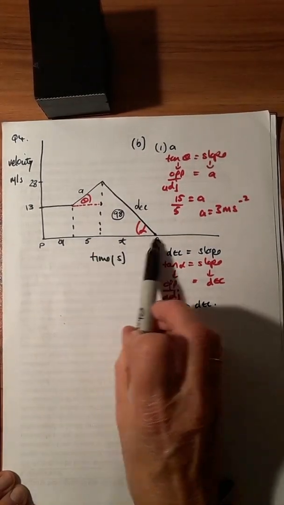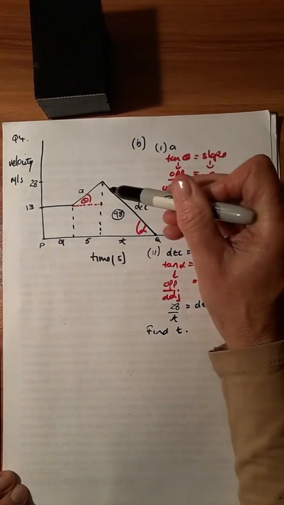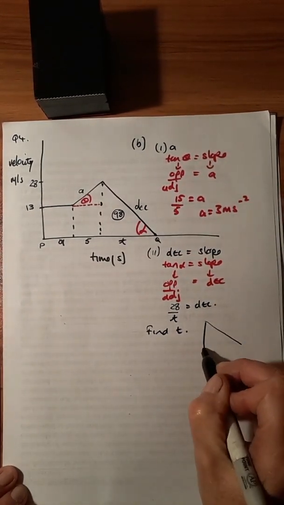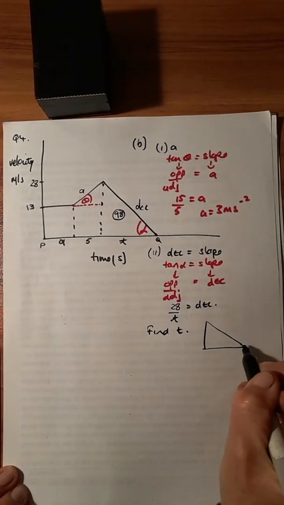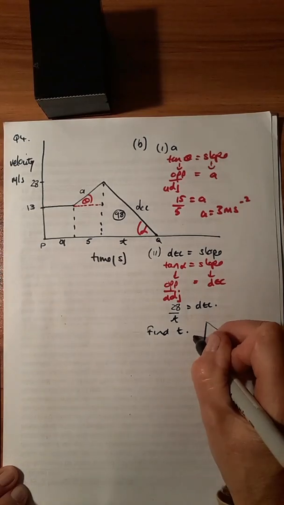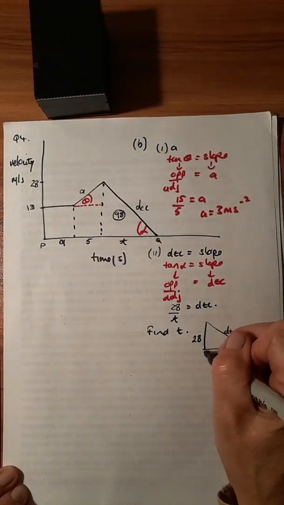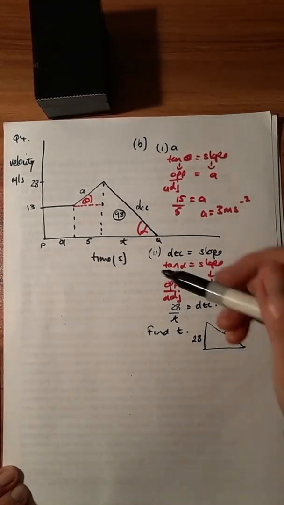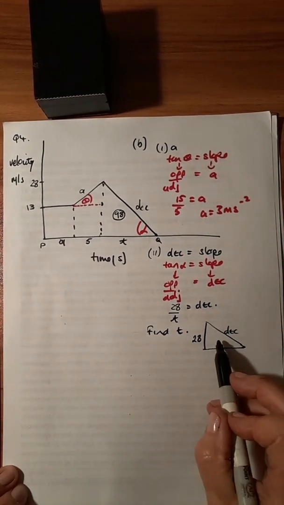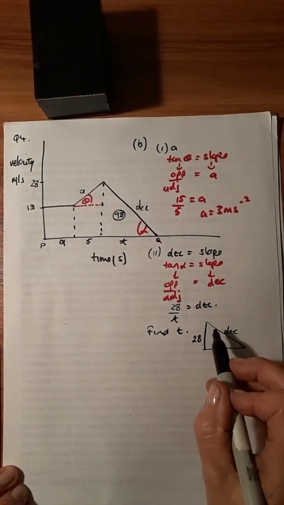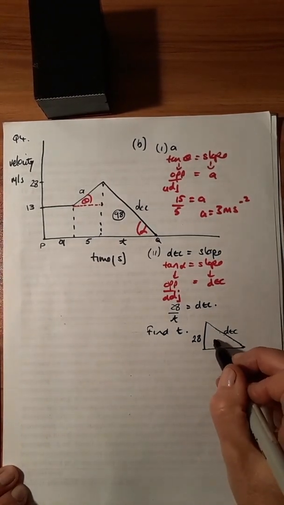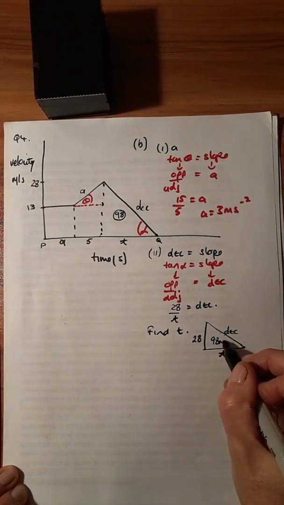T belongs to this part of the motion here. Remember, this is the deceleration. This is 28, so this is a triangular shape now. Height is 28, this is T, and we know that the distance covered, the area under this curve so to speak, is 98 meters.